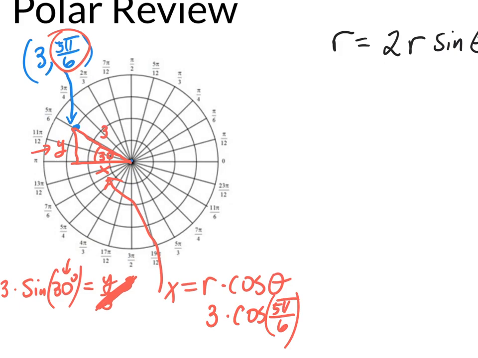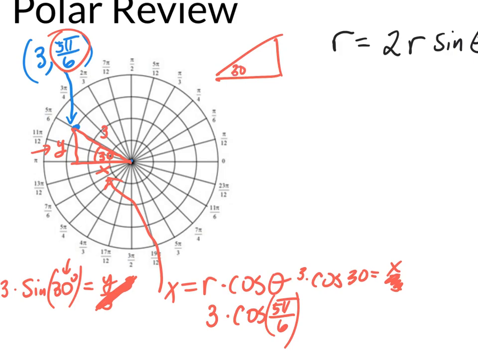Okay, so cosine is adjacent over hypotenuse, x over 3, and so this would be 3 times cosine of 30. I'm going to have to use cosine of 30 to do a 30, 60, 90. Better draw myself a little reference triangle here.